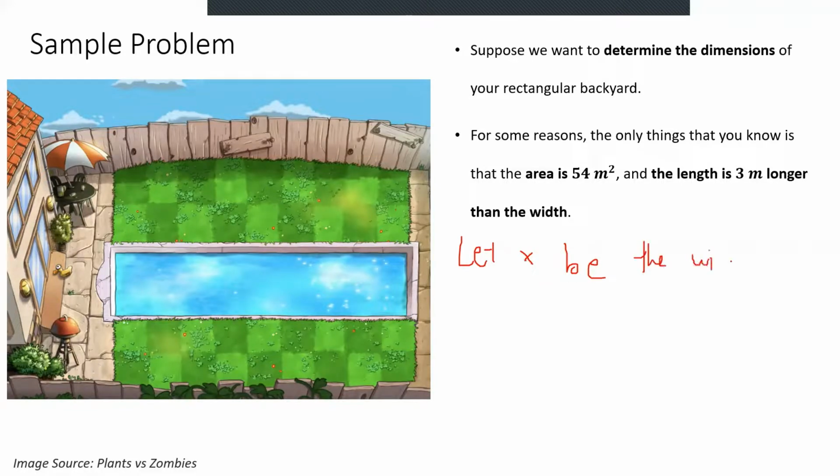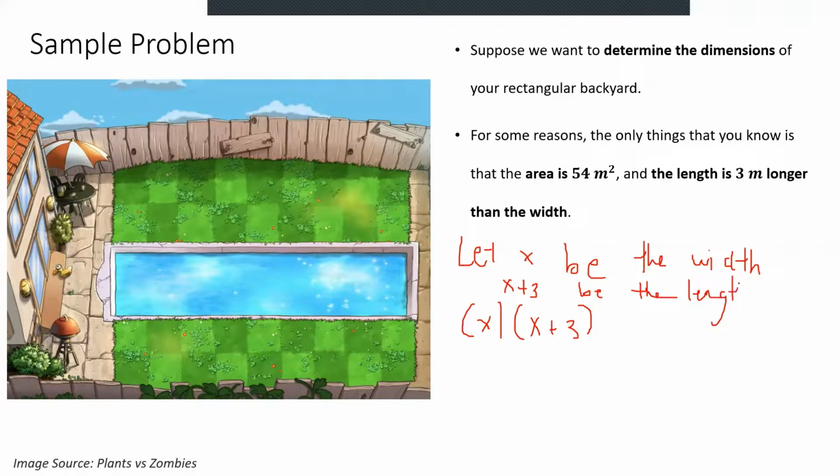Since we know that the area is length times width, we can multiply x times x plus 3. So x plus 3 is the length since it's longer by 3 compared to the width.